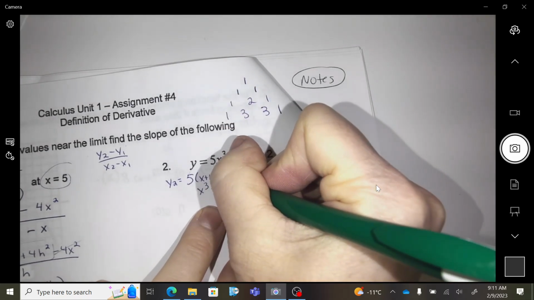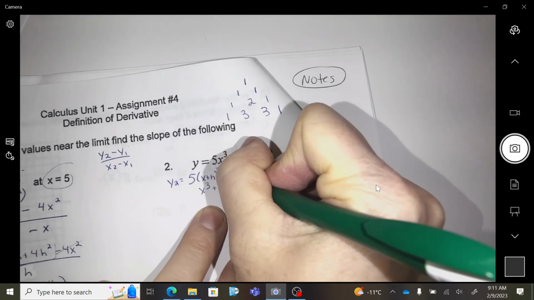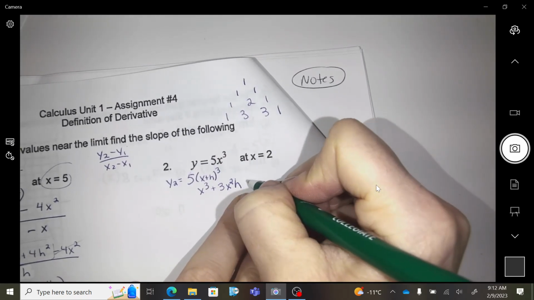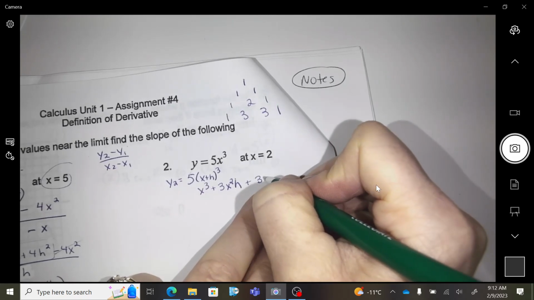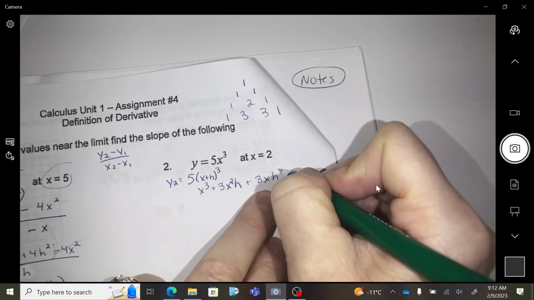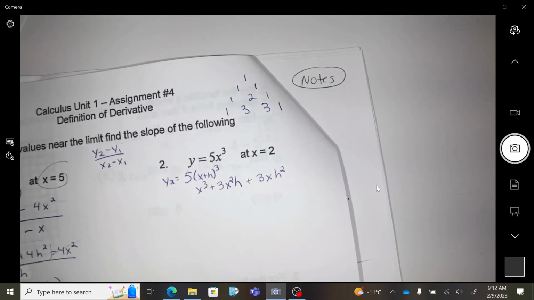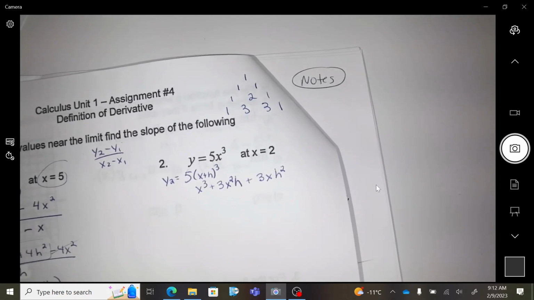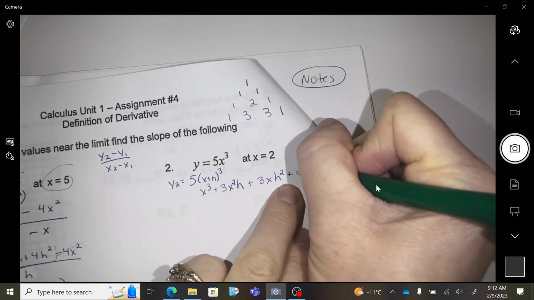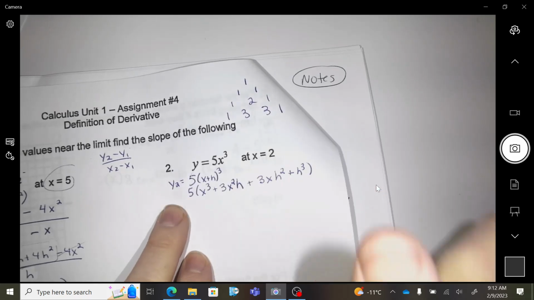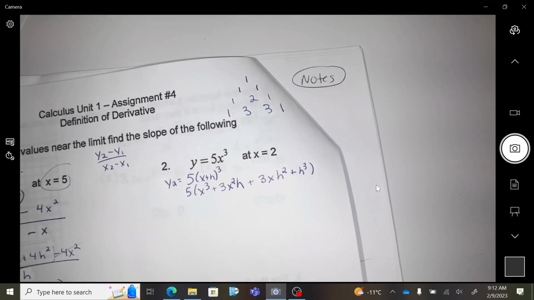What do you do with the x squared with an h, plus 3xh squared. Do you remember doing this? Did you see how my exponents are going down on x and up on h? Okay?